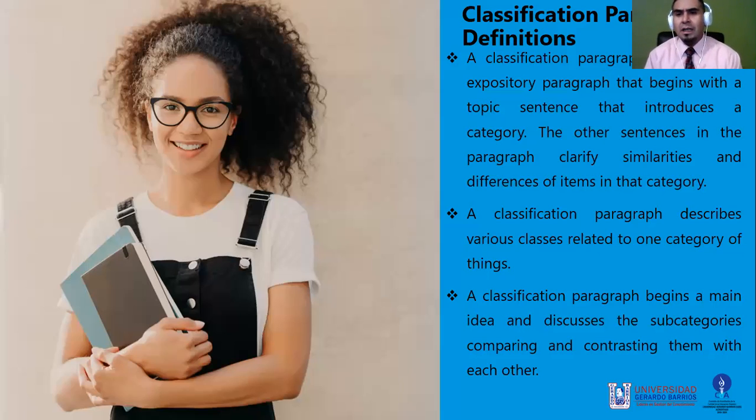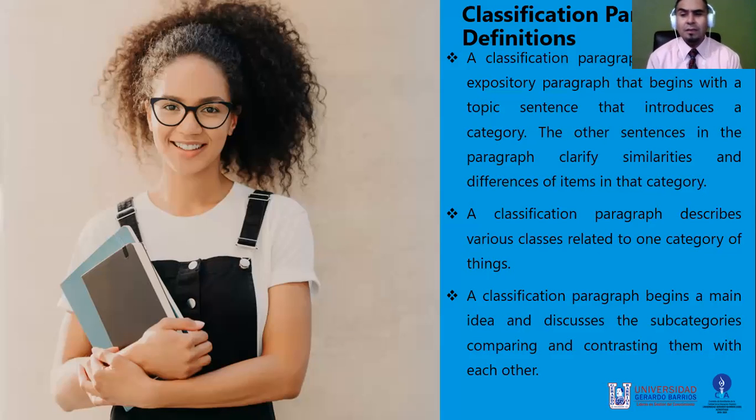It says classification paragraph definitions. Definition number 1. A classification paragraph is a type of expository paragraph that begins with a topic sentence that introduces a category. The other sentences in the paragraph clarify similarities and differences of items in that category.